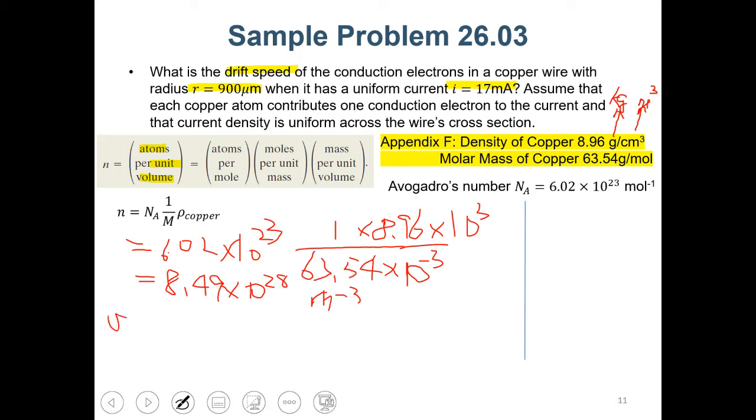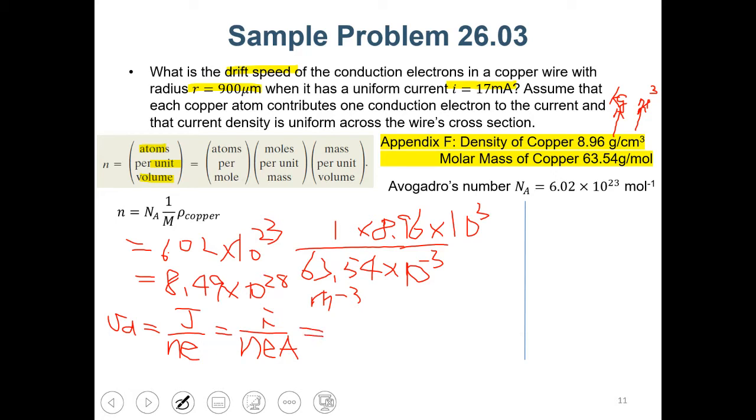So the drift velocity, the drift speed, would be J over n e. Then we know that J is I over A, so we have n e A here.